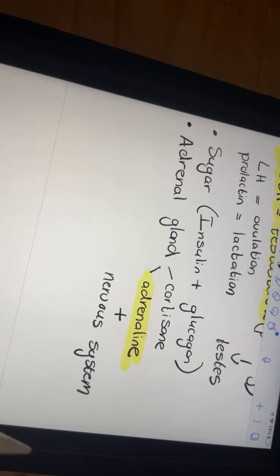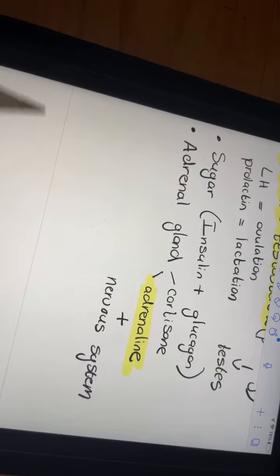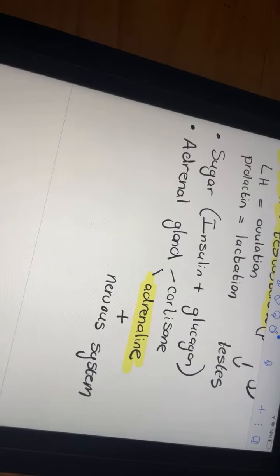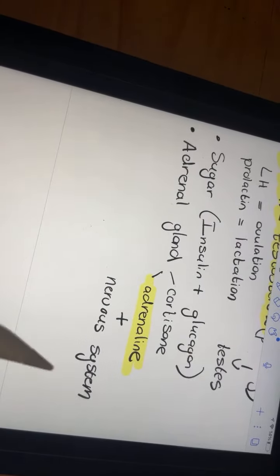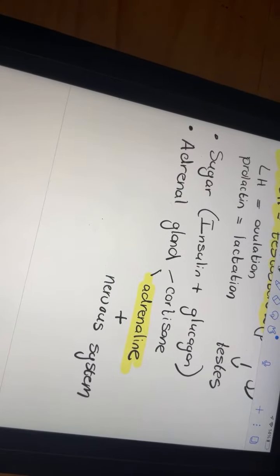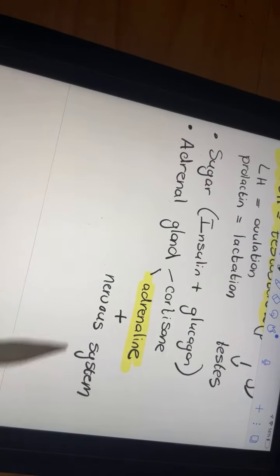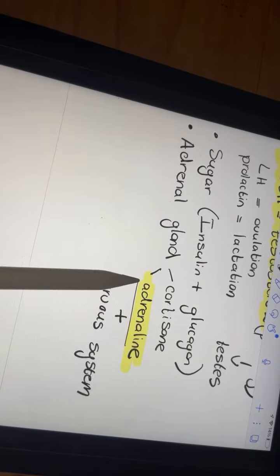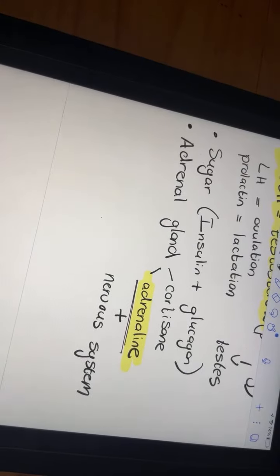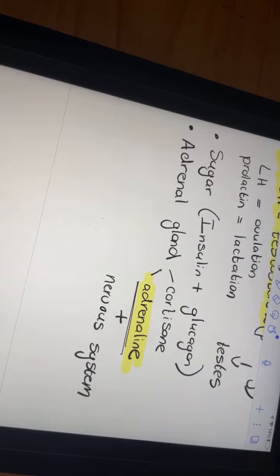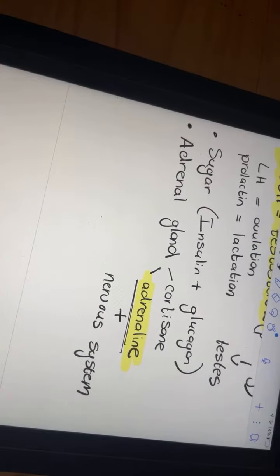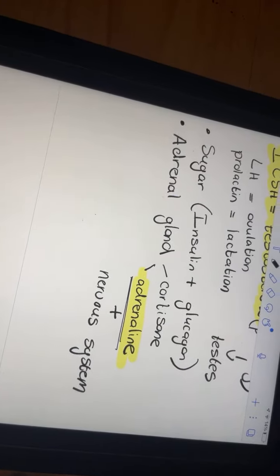Basically, they'll ask you, you're running away from a lion, and how does your body use its glands and its endocrine system and the nervous system to help you run to safety? So you'll talk about the adrenaline and how it's released from the adrenal gland above the kidney. That hormone is sent to the muscles of the body.